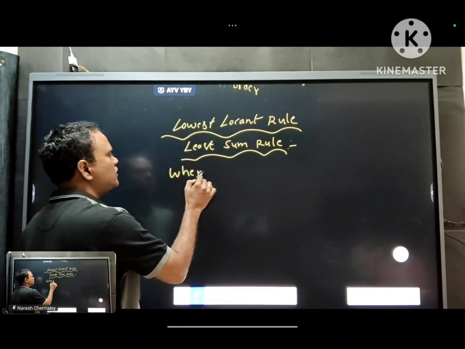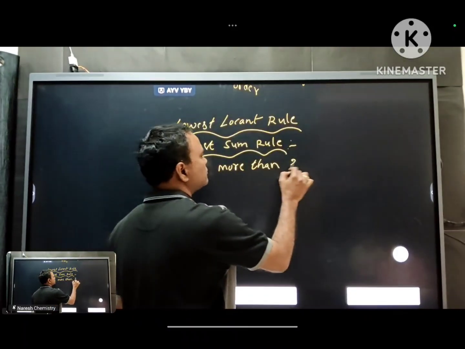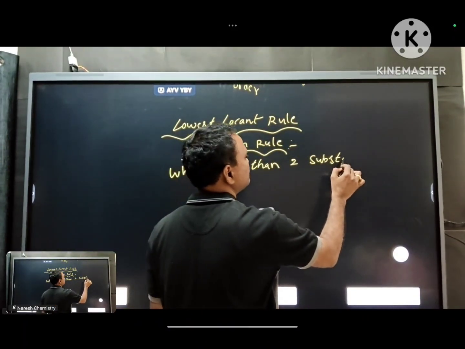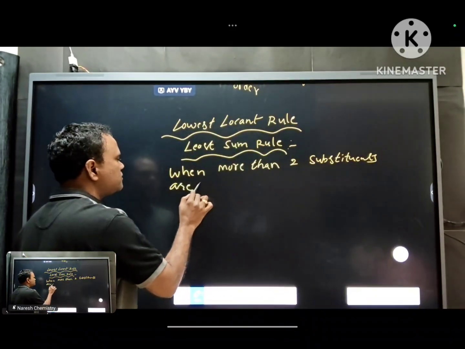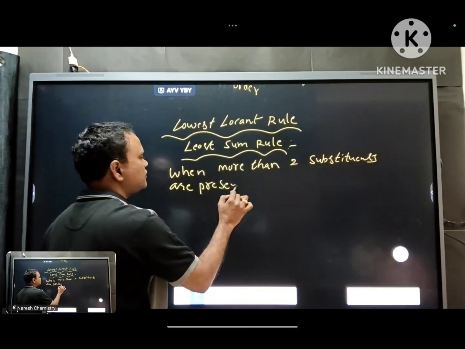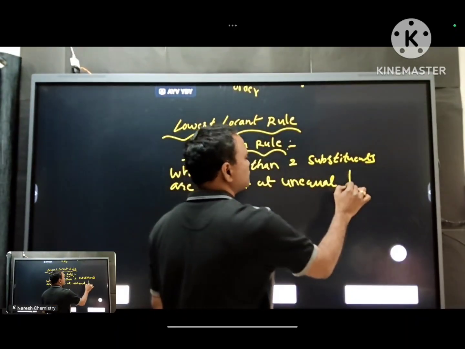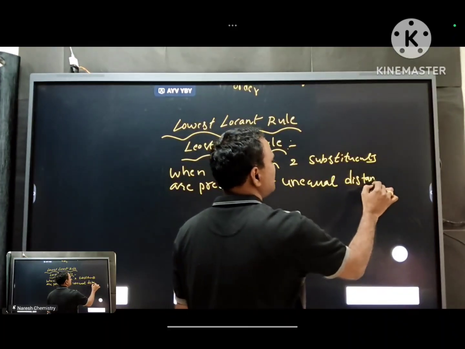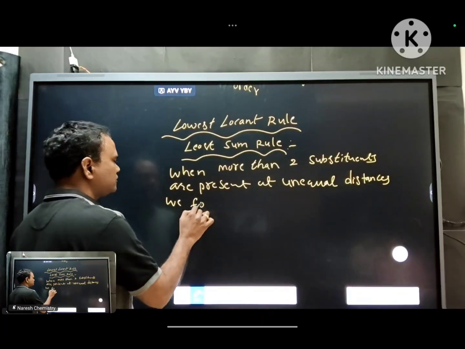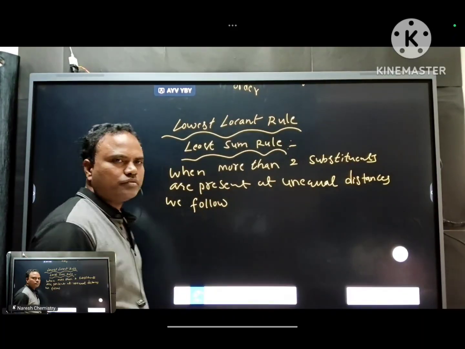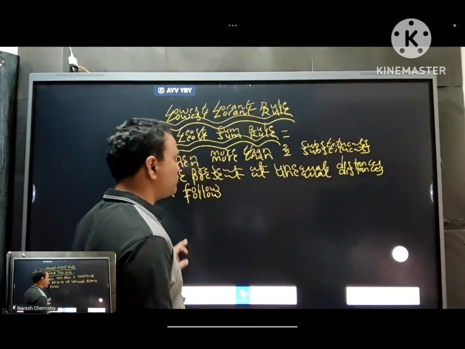When more than two substituents are present at unequal distances, we follow the least sum rule or lowest locant rule. What is the least sum rule or lowest locant rule?